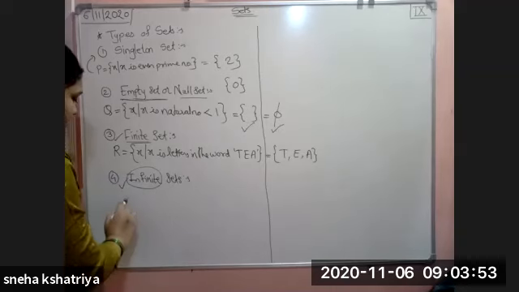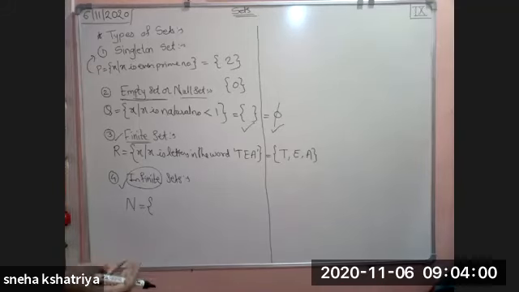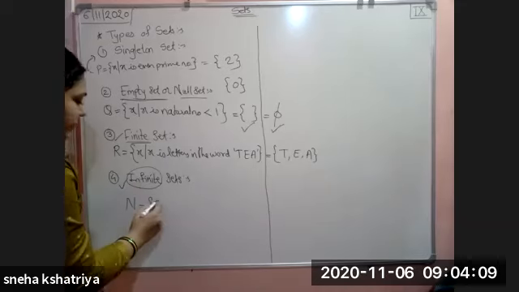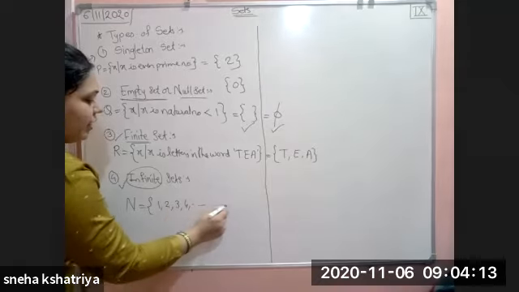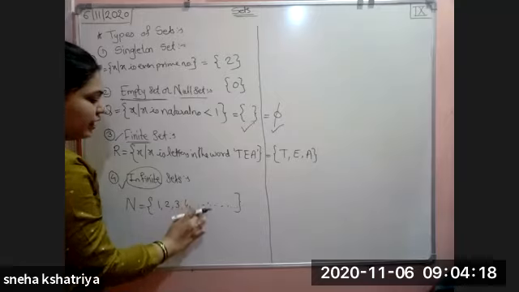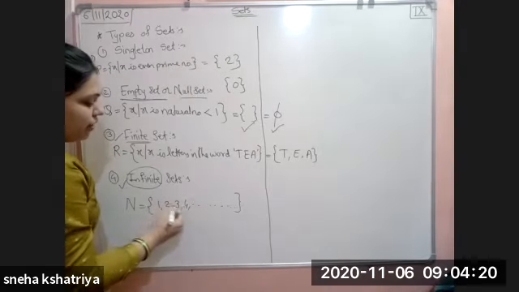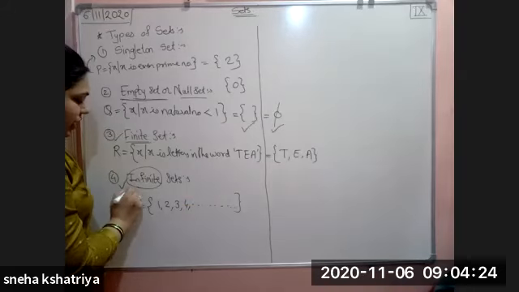The best examples are the natural number set, whole number set, integers, real numbers, rational numbers. All these sets of numbers are infinite sets.